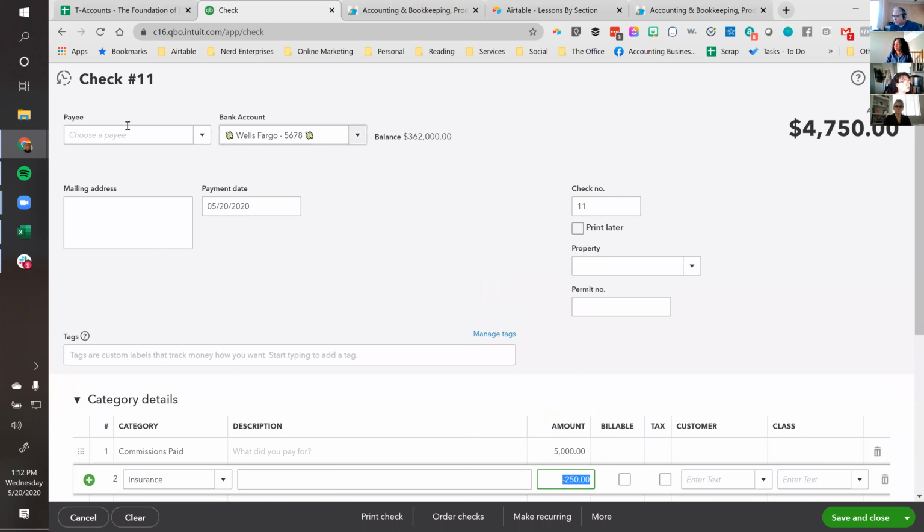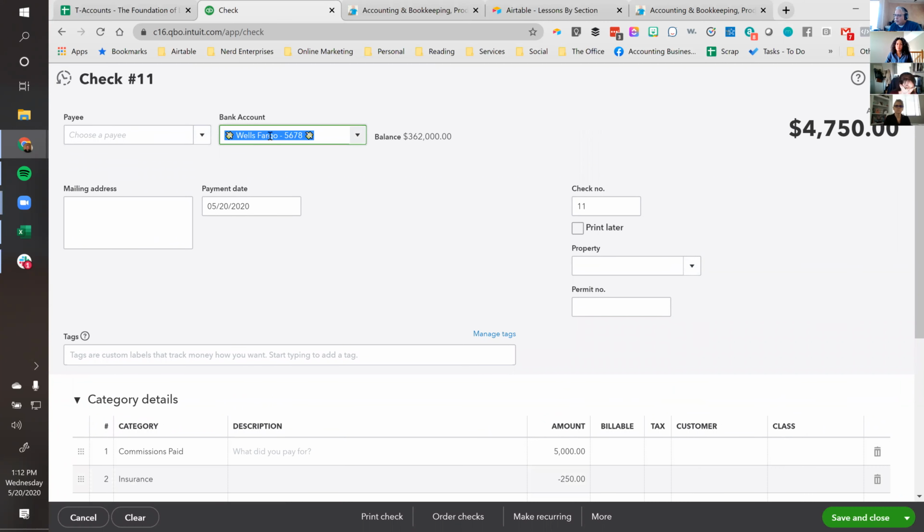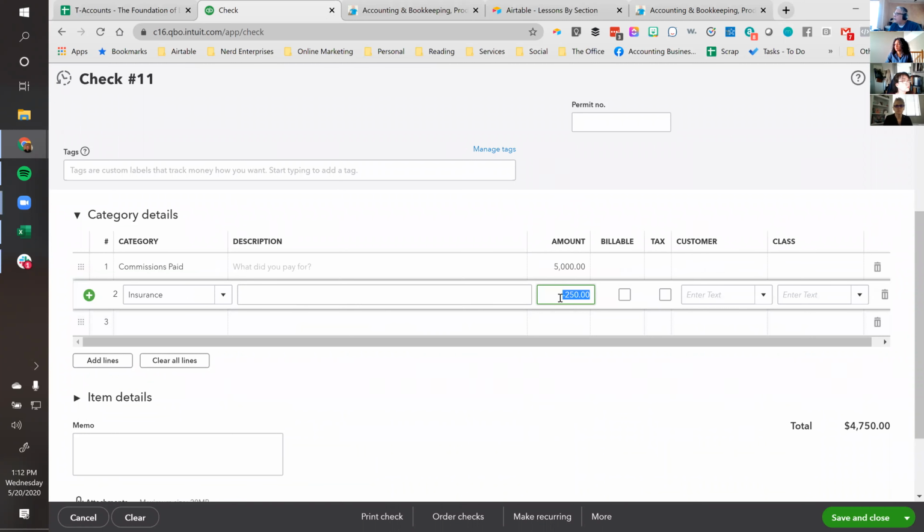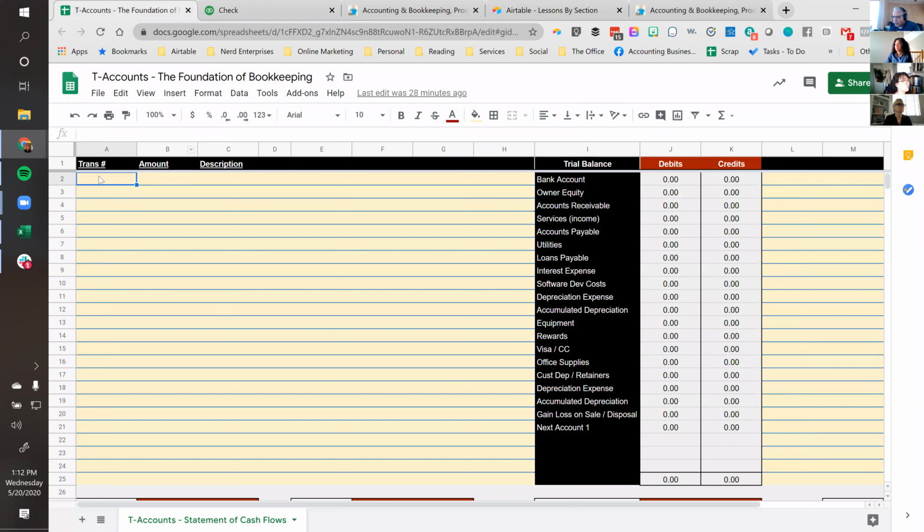So what happens debit and credit wise is we credit Wells Fargo, we credit the bank account to reduce the bank account, and we debit any account that's here. But of course, if I have a negative number here, then what's a negative debit but actually a credit? So let's walk through this one in the T accounts just to start with.